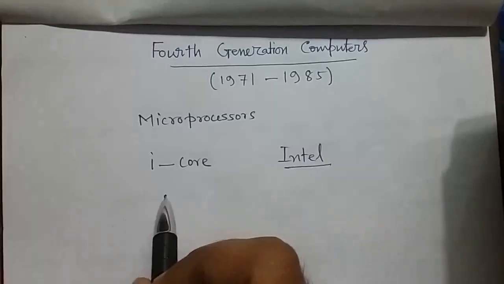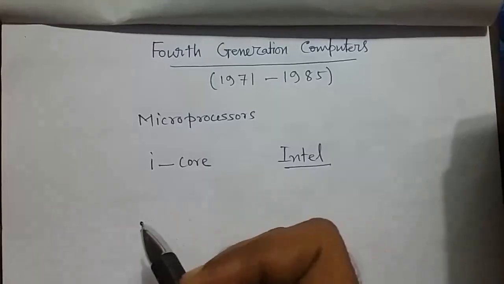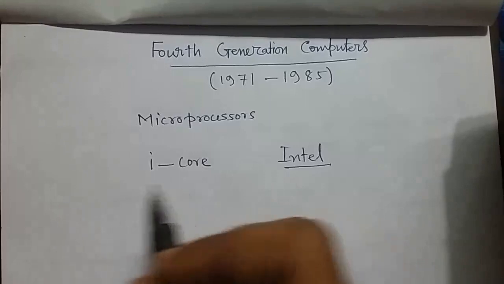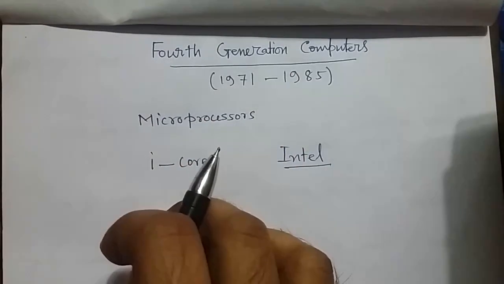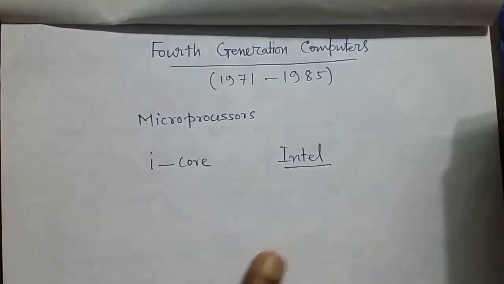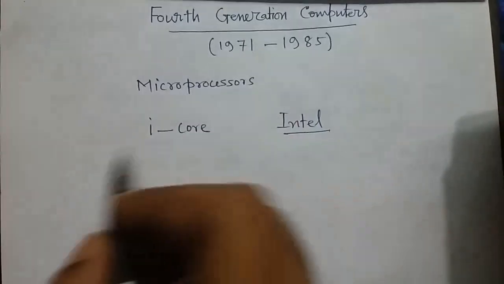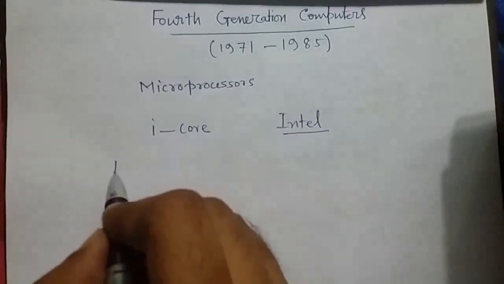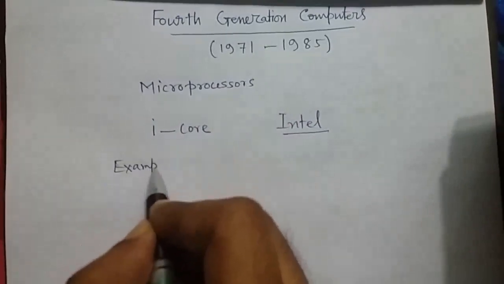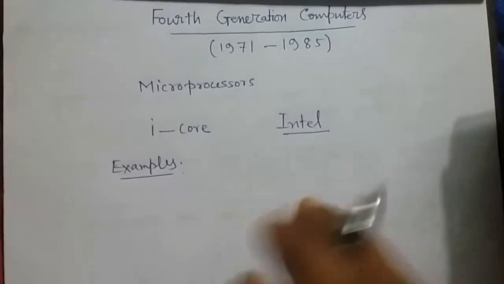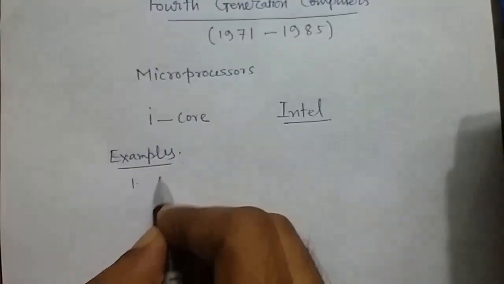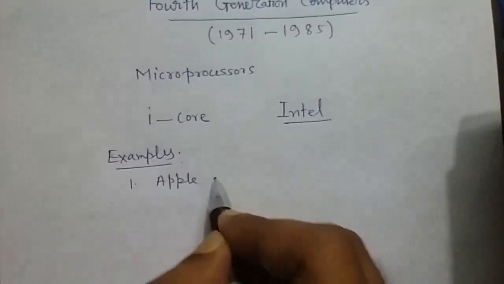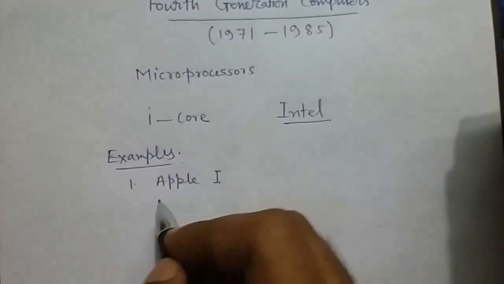All personal computers manufactured by IBM, HP, Apple, Lenovo belong to the fourth generation computers. You must remember. Some examples of fourth generation computers are: number 1, Apple 1 in Roman.